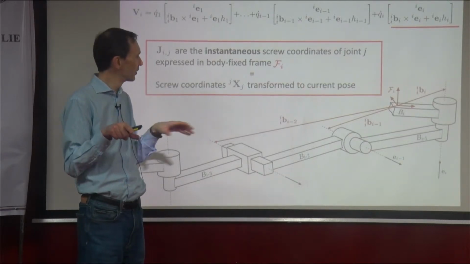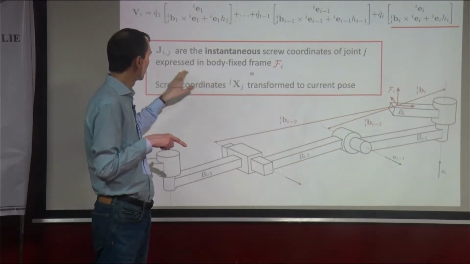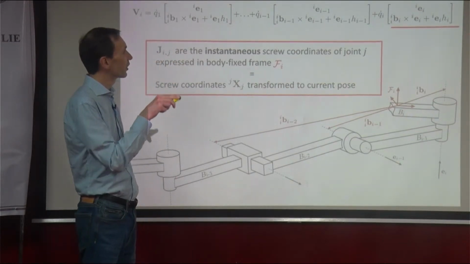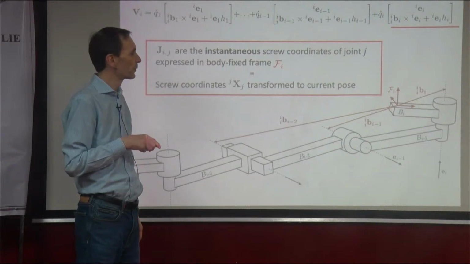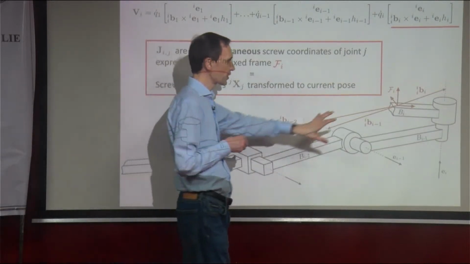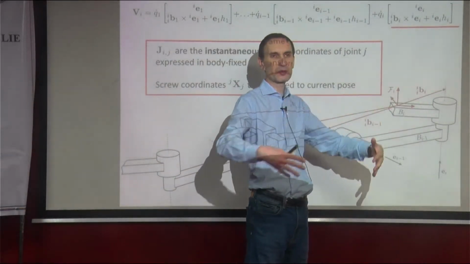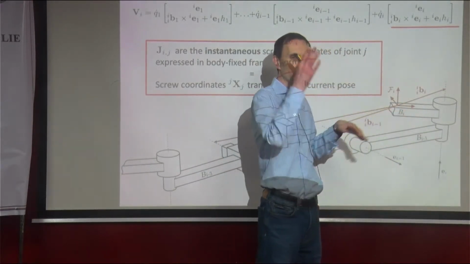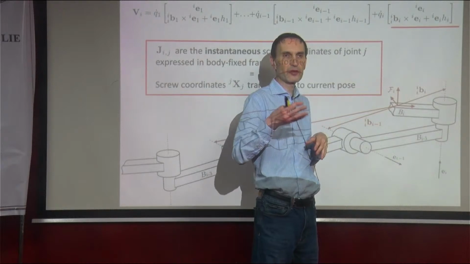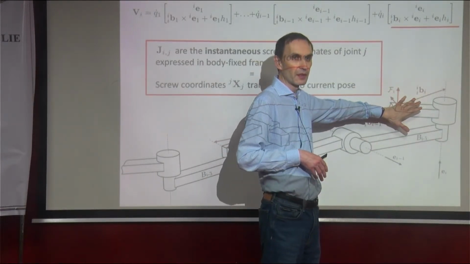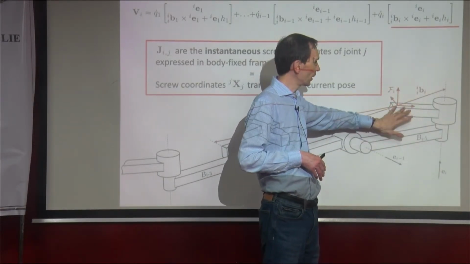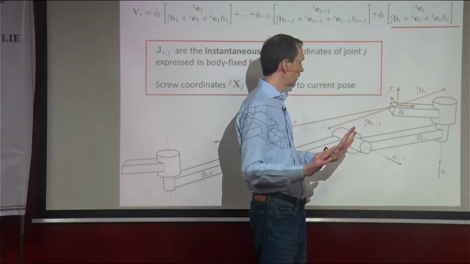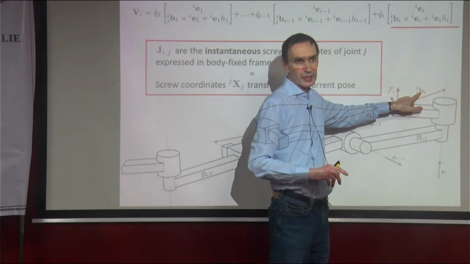If this is true, you should be getting these instantaneous screw coordinates from the ones that we measure in the zero reference configuration. Remember how we came up with these X vectors, the body fixed screw coordinates? It was exactly the same construction, but we said this is our reference configuration, like a cat drawing or something. And we called this B, we called it X.